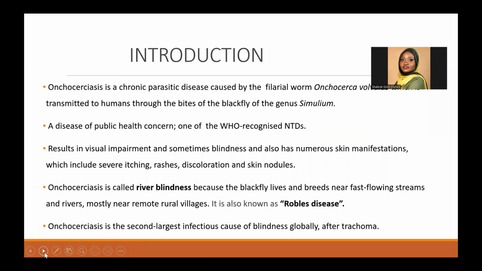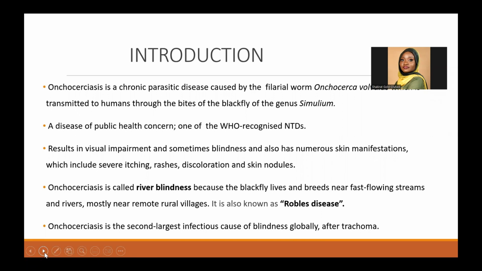So onchocerciasis is a chronic parasitic disease, and it's caused by the filarial worm Onchocerca volvulus. It's transmitted to humans through the bite of a black fly of the genus Simulium. So that's that tiny fly that sometimes bites people on the legs when you're outdoors, and it can be a vector for onchocerciasis.